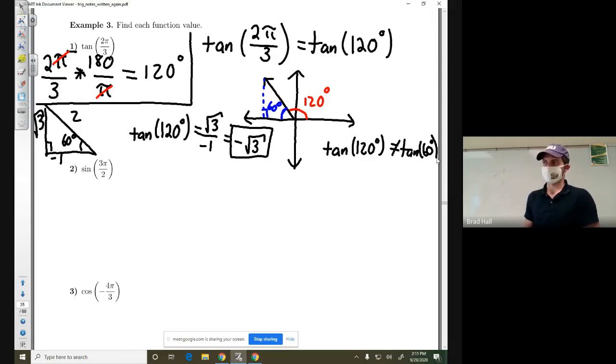It's a shorthand that allows us to look at things in a more simplistic format, but you can't forget about those signs. That's what I'm trying to say. In other words, the thing with reference angles is you have to remember these signs, like -1. But that's really all I have for this problem. Does anyone have any questions?